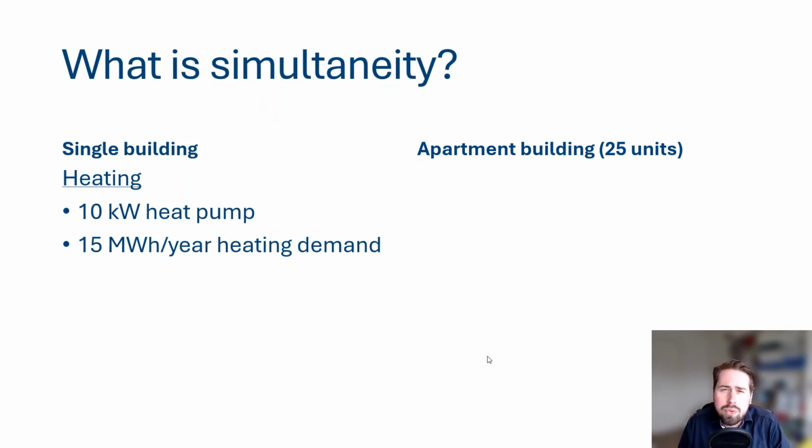Now imagine you want to design a bore field for a single building. And we know that the building has a 10 kilowatt heat pump and it has an energy demand for heating of 50 megawatt hours per year. Now for the apartment building, we for example know the energy demand and the heat pump for each unit.